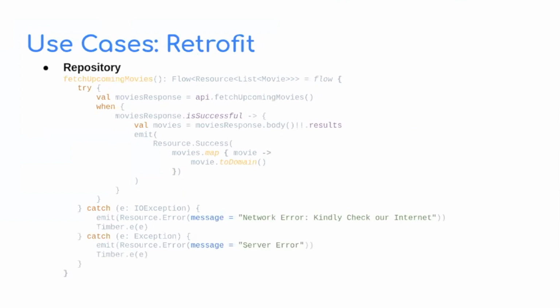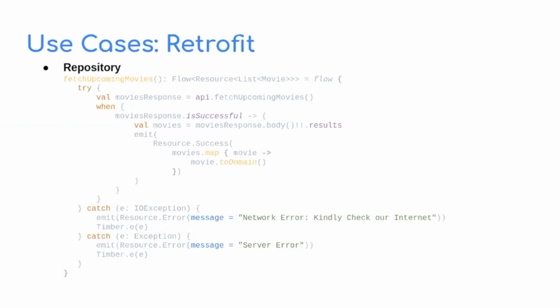But cold stream only sends data when there's a person collecting them. This helps us in this way. Let's say we have a flow that fetches data from our database, and we don't want it to be triggered many times.